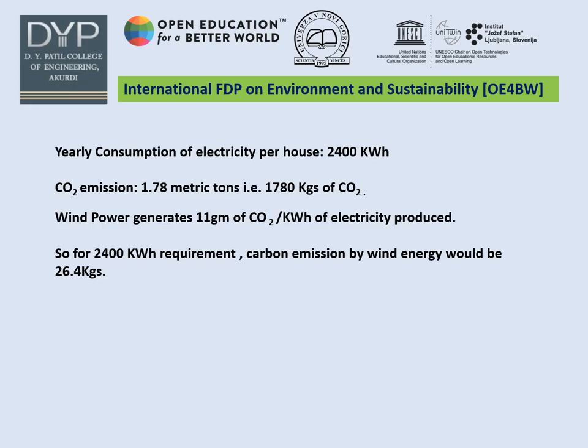So, for the 2400 kilowatt hour requirement of a family, carbon emission by wind energy would be just 26.4 kilograms, whereas with normal electricity consumption, it would be 1780 kilograms of carbon dioxide. So there is so much of a difference.